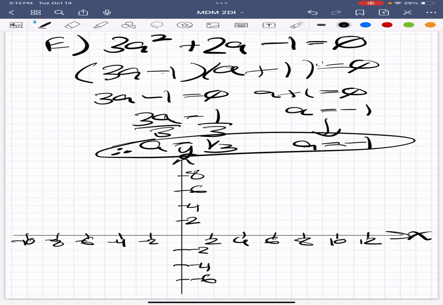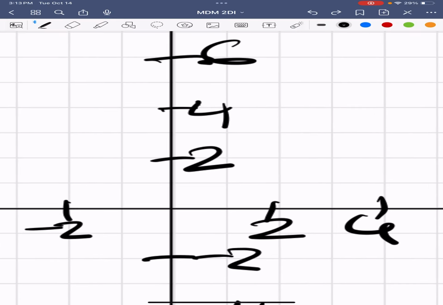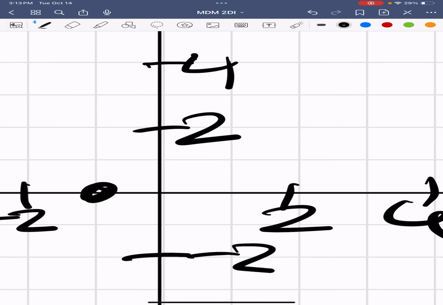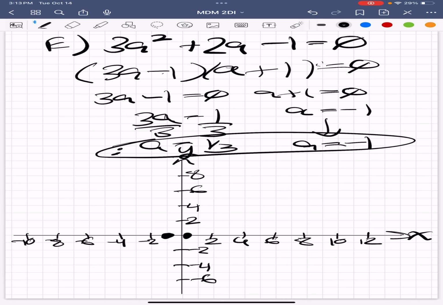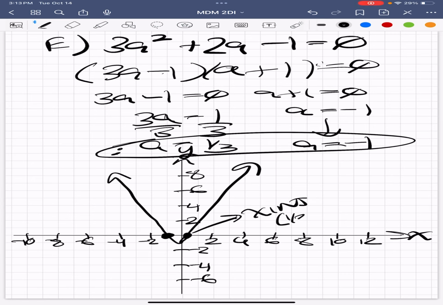Okay, so we have 1 over 3 and negative 1. So our x-intercept is (1/3, 0), and then our other x-intercept is (-1, 0).